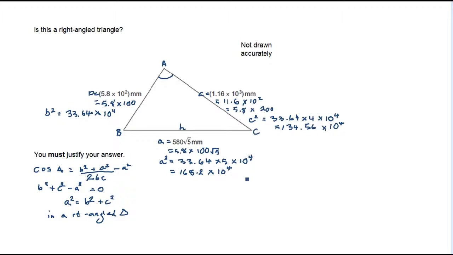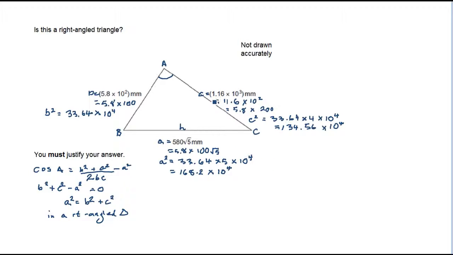Okay, so there we go. So quite laborious, but what we've done now is we've squared all of our sides, exactly as we are asked to do in Pythagoras. So we have to square each of the sides, the square on the hypotenuse should equal the sum of the squares on the other two sides. Well, let's see if it does, because if it does, then we've proved that it is definitely a right-angled triangle.